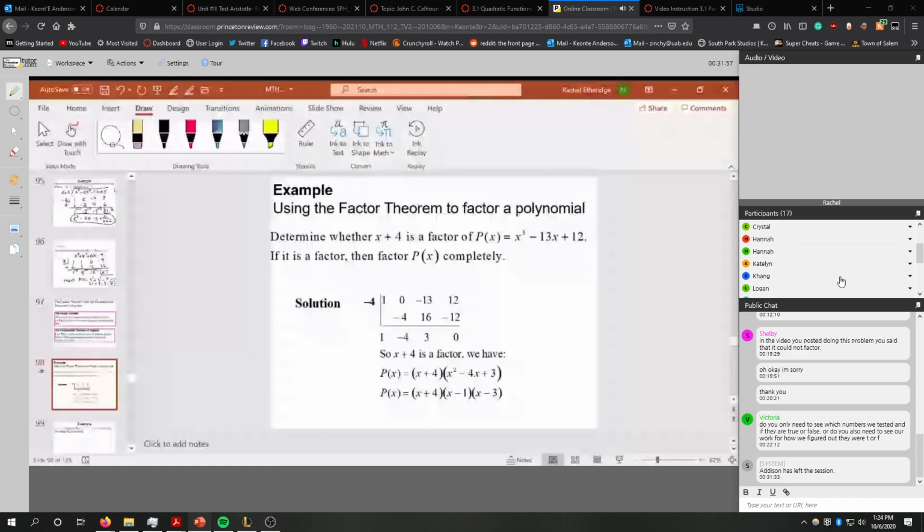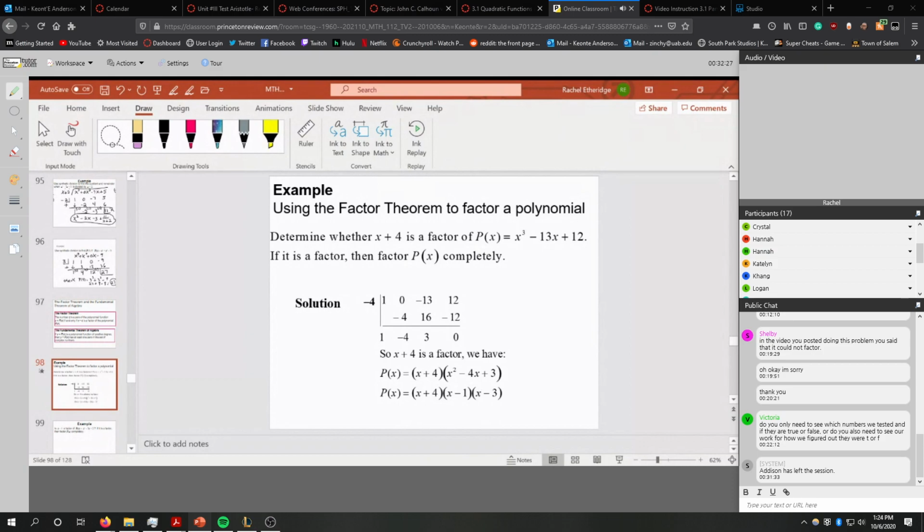All right, using the factor theorem to factor a polynomial. Well, this also helps us find the zeros. So if we already know one or determine if x plus 4 is a factor, what we want to do is use synthetic division and see if our remainder is 0. And if it is, then we can try to finish finding the zeros from that point or finish factoring the whole polynomial.